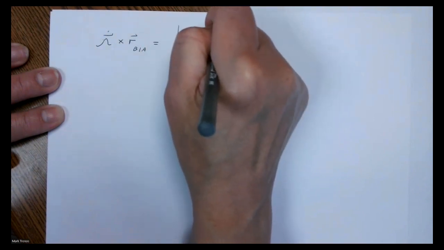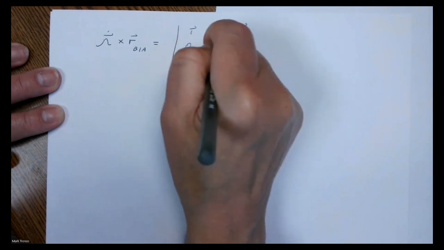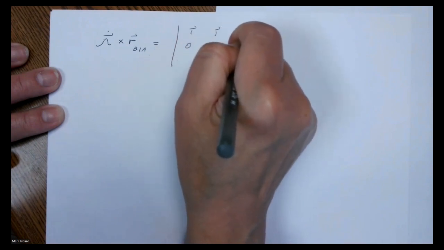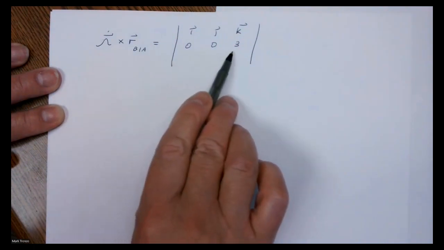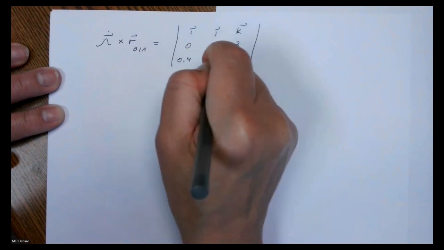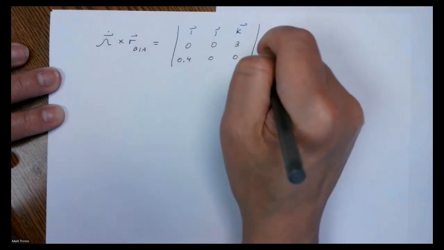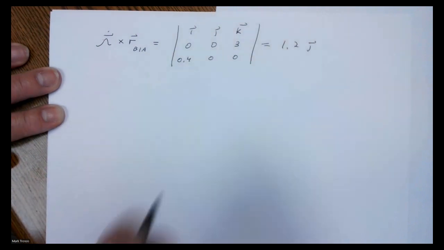That's going to be I, J, K, 0, 0, 3. That was our omega dot, 3K, and RBA, of course, was 0.4 I. And if we calculate that, we get 1.2J.